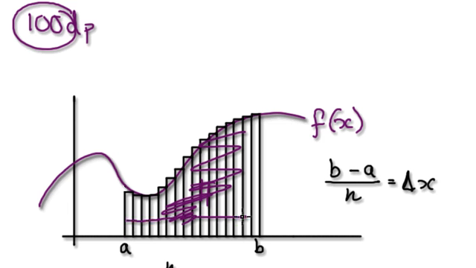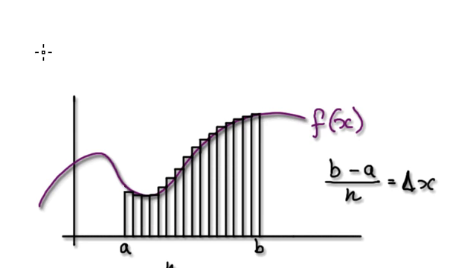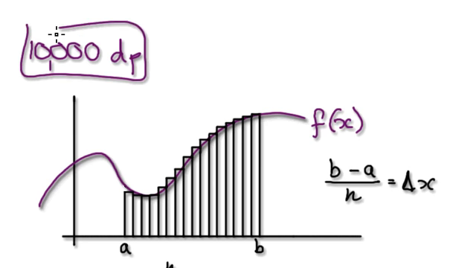I am 100% sure that I can get to within your specified level of accuracy. Let's say you want it to 1,000 or 10,000 decimal places. I am 100% sure that I can get to within this level of accuracy by increasing the number of strips.